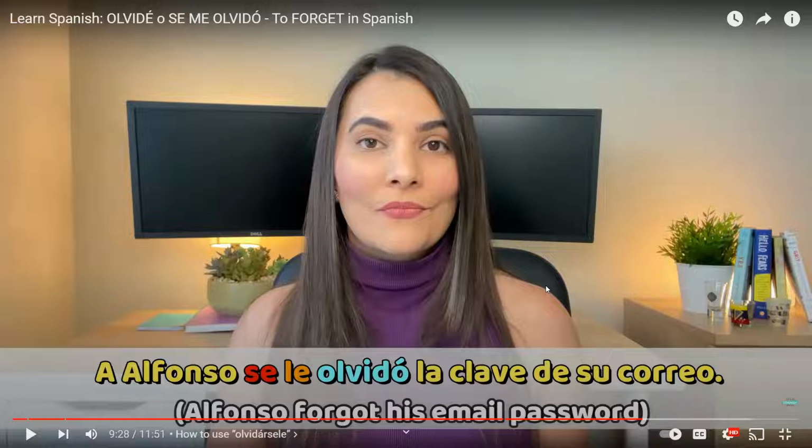This sentence has the Alfonso up front because it is a sentence with no prior part of the conversation. So if I just say se le olvidó, it could mean she forgot, he forgot, the formal you, usted, forgot. And without that prior conversation context, we don't have that information. So sentences that are just thrown out to you as an example with no buildup, they're going to include the Alfonso.